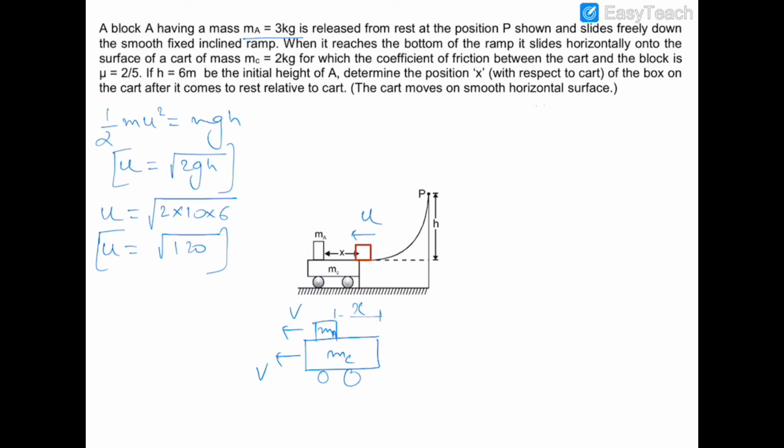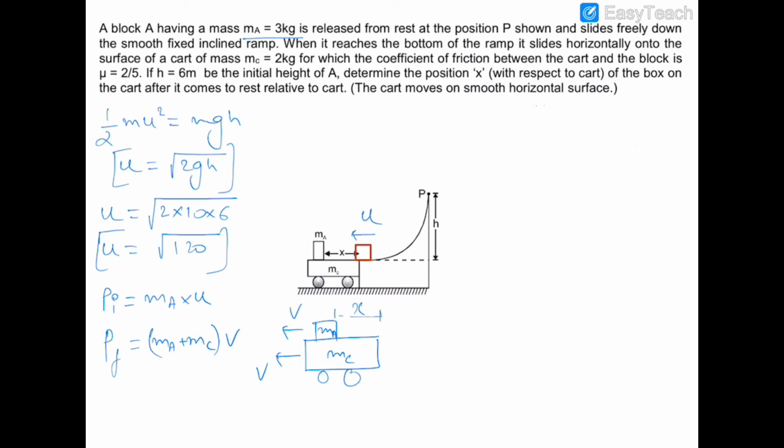This common velocity can be calculated by equating the momentum. The initial momentum of this system of cart and block is the momentum of the block, which is ma into u, and the final momentum of this system is ma plus mc into v.